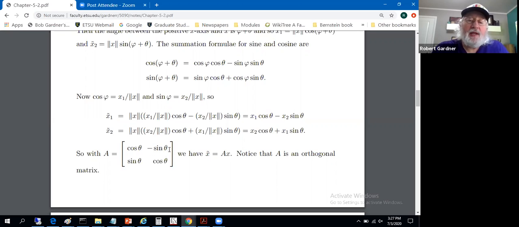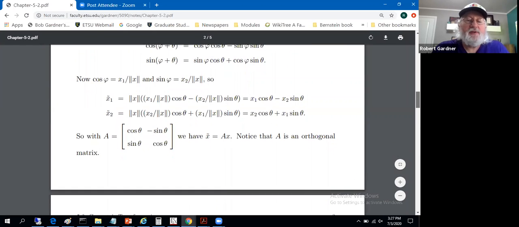For the other column, when you square, the negative sign gets absorbed, and this is sine squared plus cosine squared. Yeah, they're both unit vectors. How about we take a dot product of the two columns? That gives us cosine times negative sine plus sine times cosine, indeed 0. So this is, in fact, an orthogonal matrix, easy to confirm since it's 2 by 2.